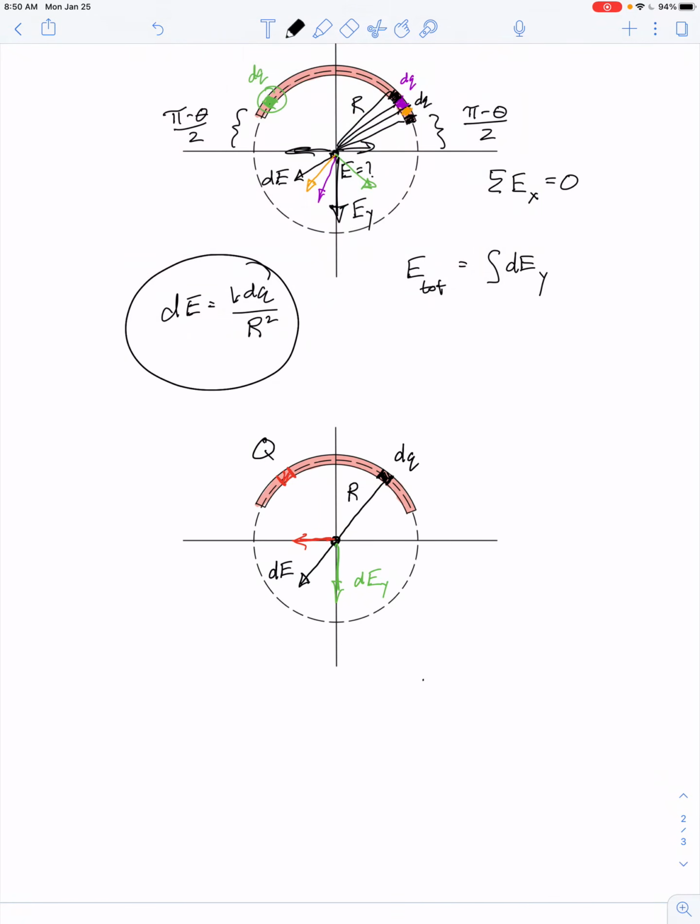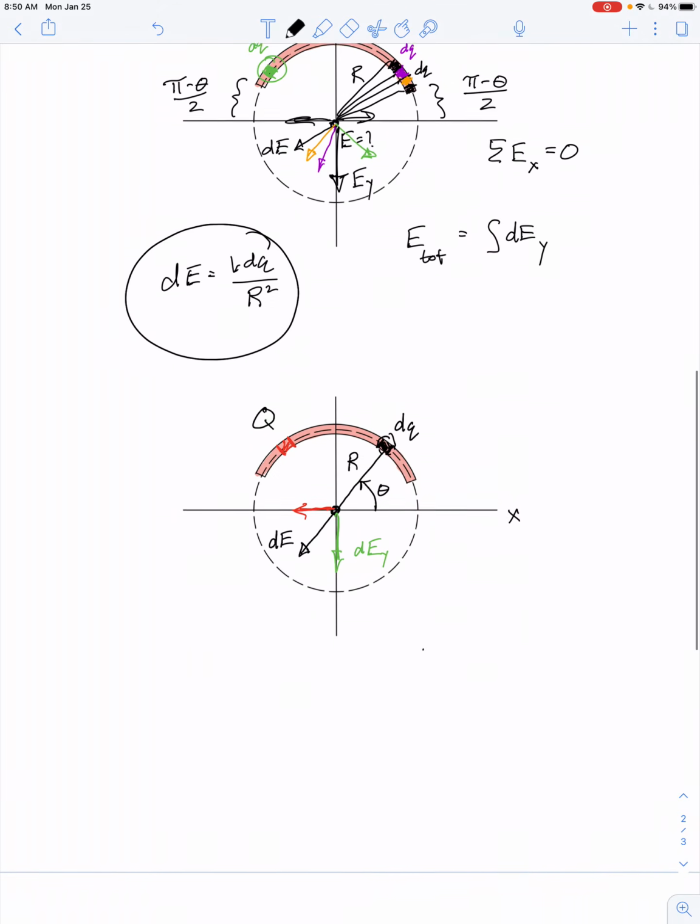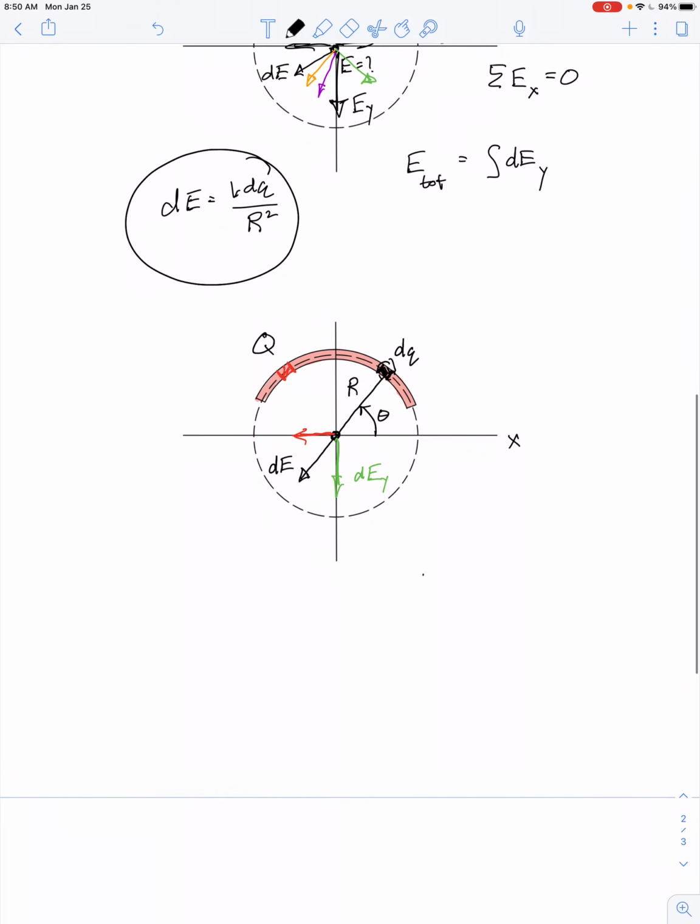So we'll say that this bit of charge dq sits at an angle of theta relative to the x-axis. That means this is alternate interior angle, the same value. So dEy represents the opposite side in a right triangle of that defined angle. So this would be dE sine theta.